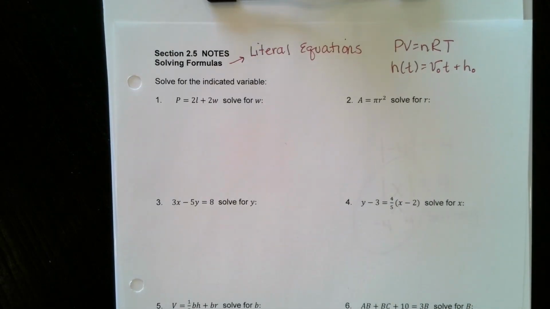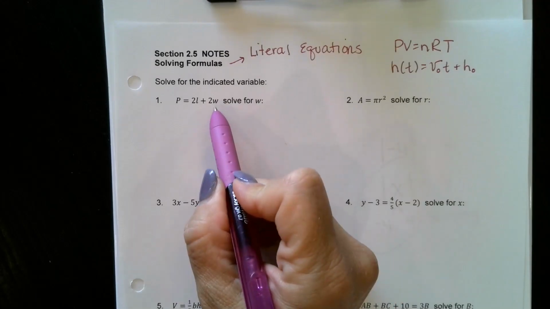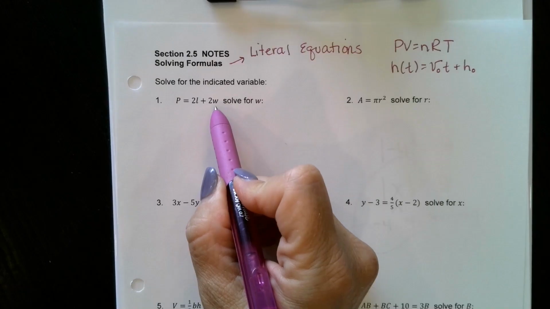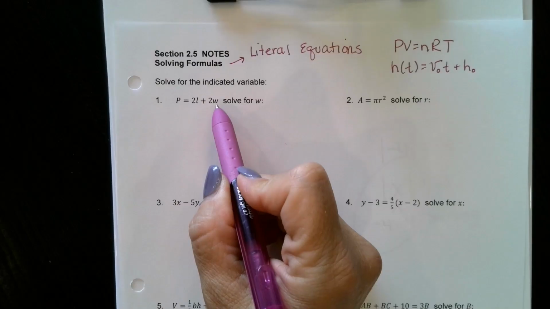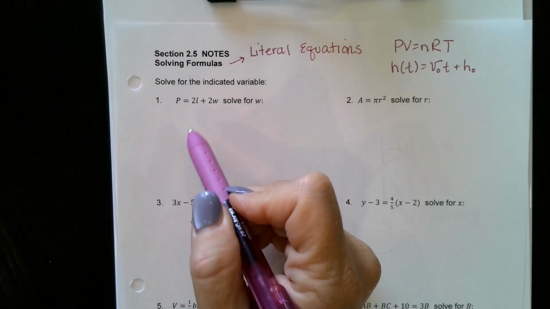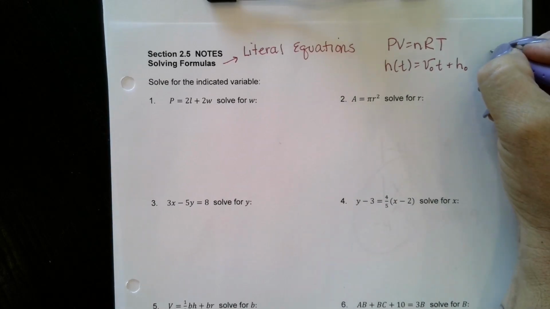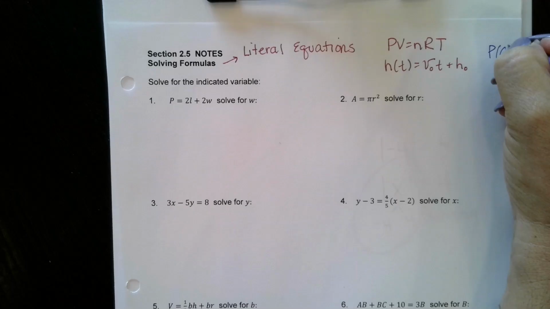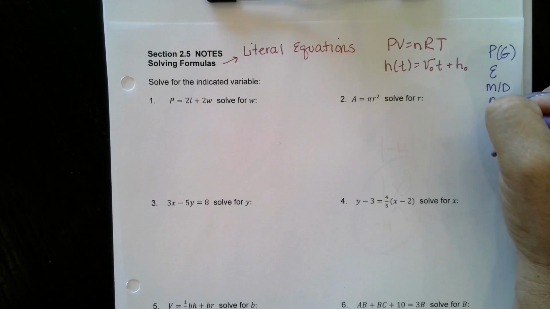What makes this challenging is you have to actually use your algebra skills. If we look at this first one, we're going to solve it for W. We're going to use reverse order of operations on everything: parentheses or grouping, then exponents, then multiply and divide, then add and subtract.